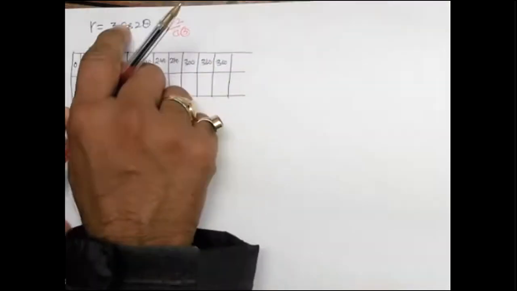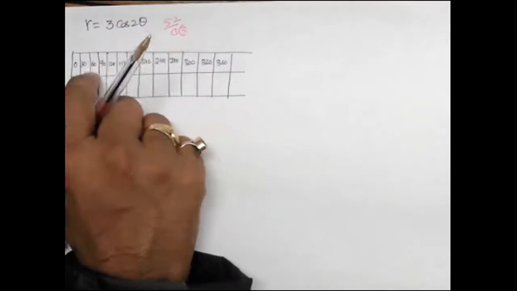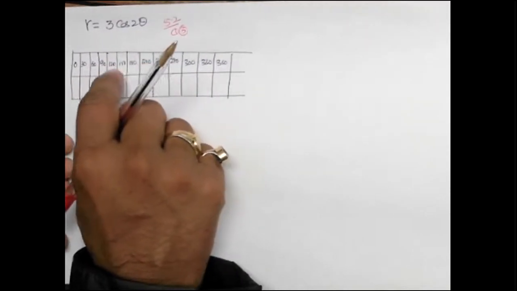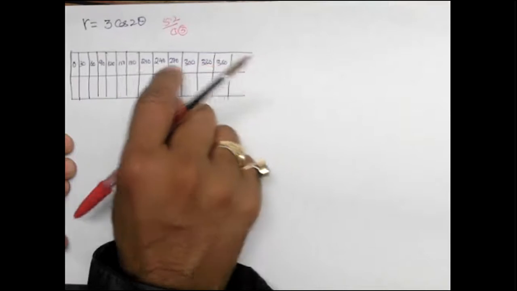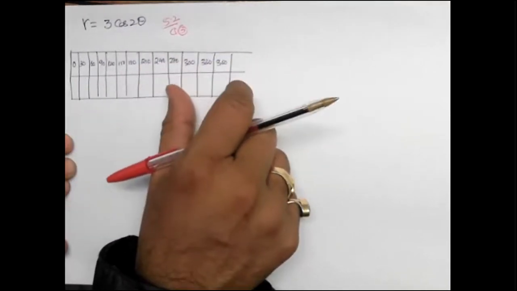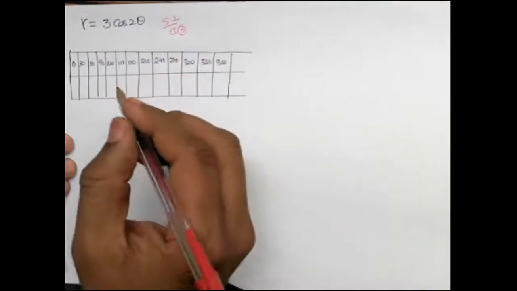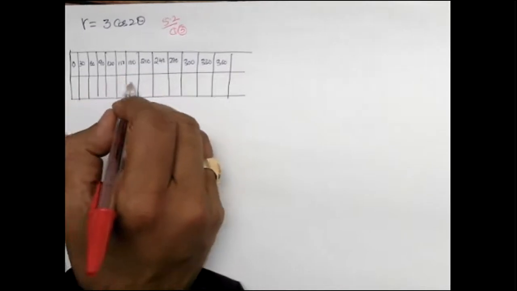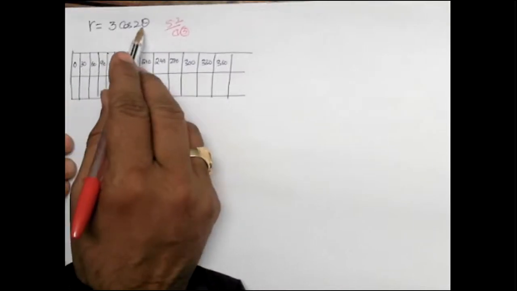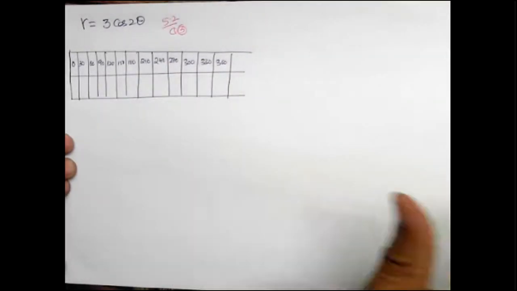So r equals 3 cos 2 theta. Obviously, guys, you don't make a table with these values in terms of pi anyway, because your calculator will do the answers, okay? I'm going to write down all the values for this when r equals 3 cos 2 theta, and because it's MAI, I'm just trying to write down the negative values as well, if I can. Okay, see how it works.